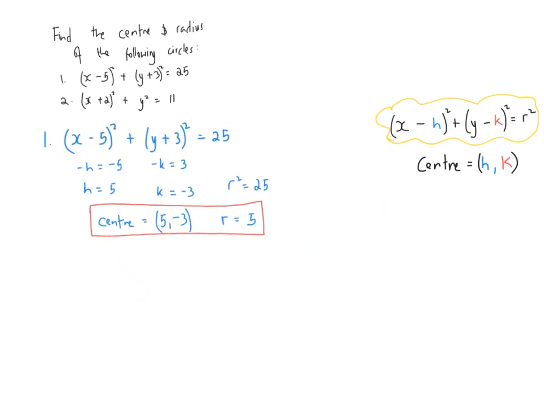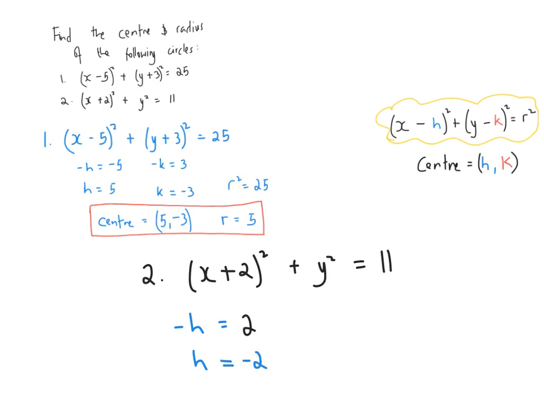Okay, and question 2, we are given the equation x plus 2 all to be squared plus y squared is equal to 11. So here, well, I know minus h is equal to 2. So that means h will be equal to minus 2. Here I'm going to have minus k is equal to, well, there's nothing here to be added or taken away from y, so I know it must be 0.